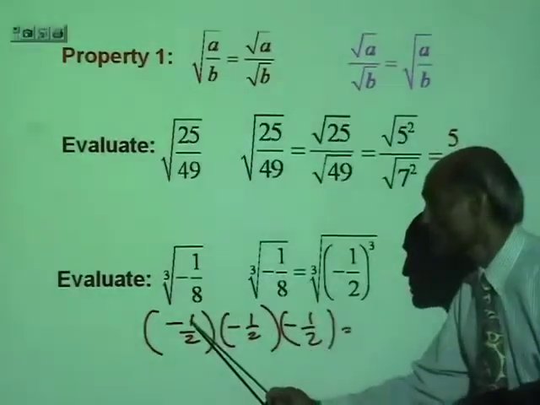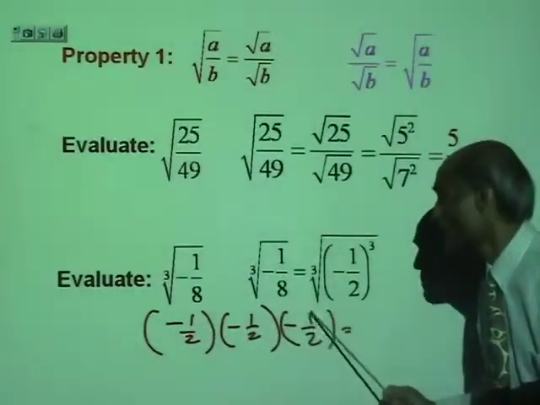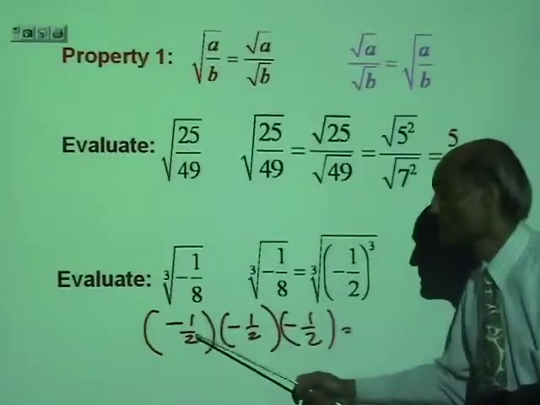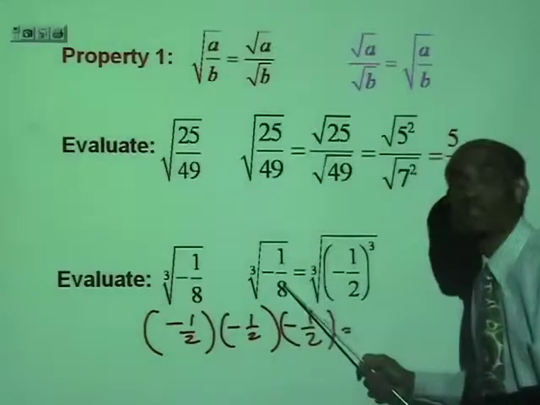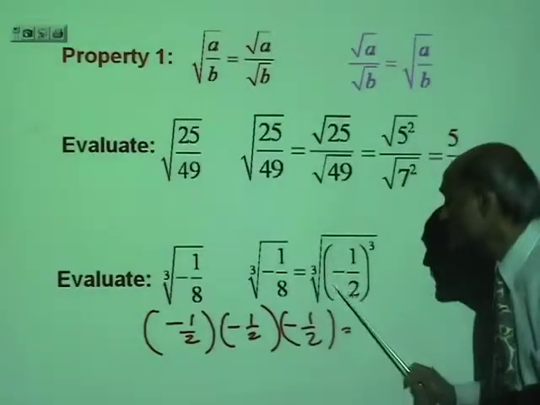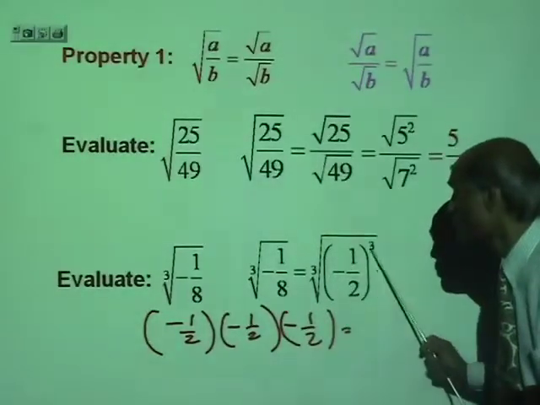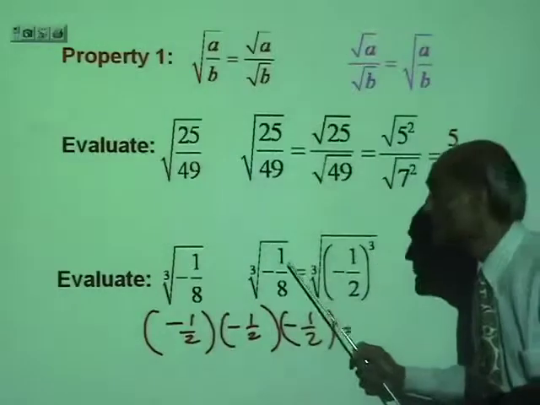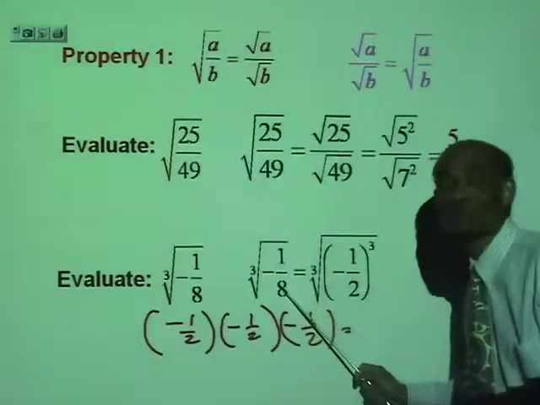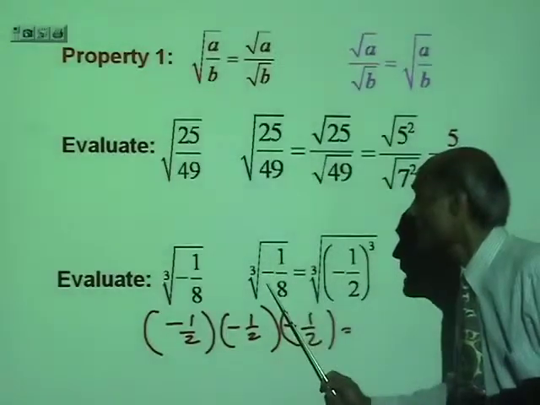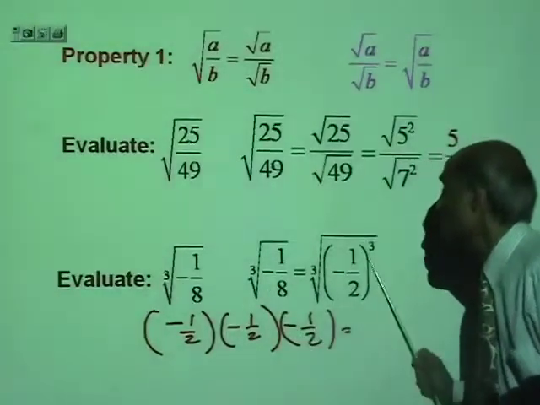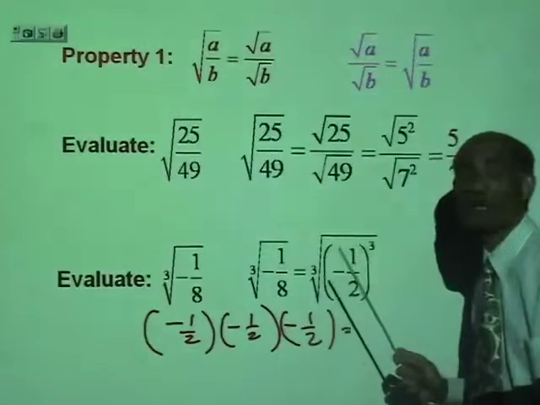The numerators are 1 times 1 times 1, that is 1. The denominators are 2 times 2 times 2, that is 8. So, negative 1/2 raised to the power of 3 is negative 1 over 8. So, we wrote negative 1 over 8 as negative 1/2 to the power of 3.